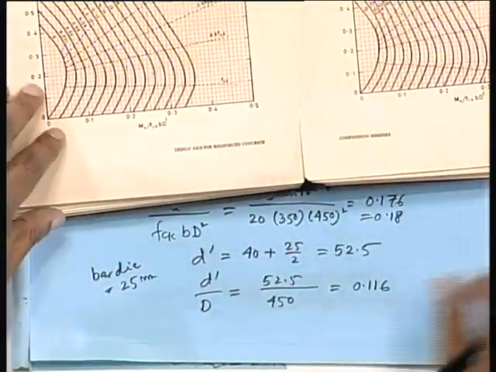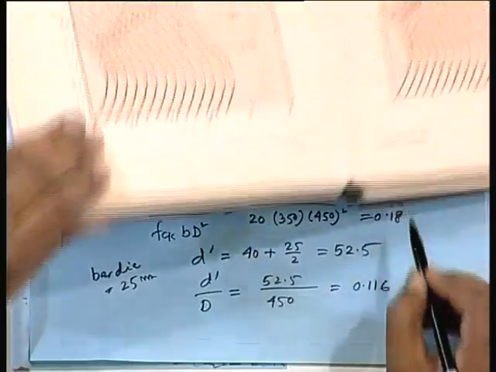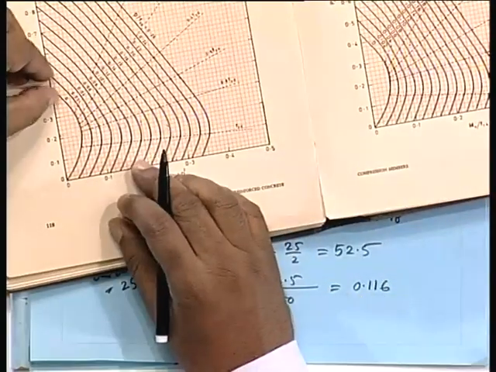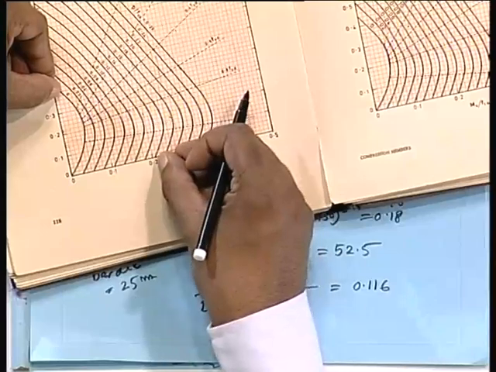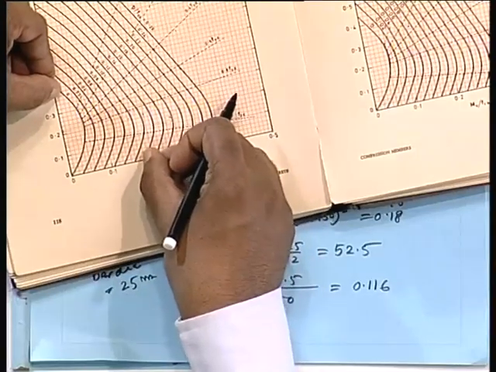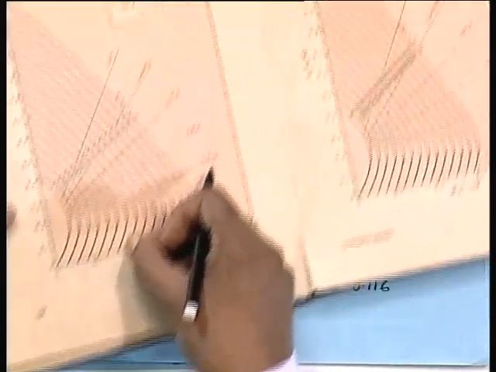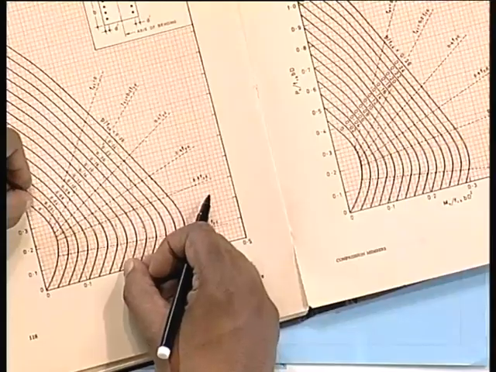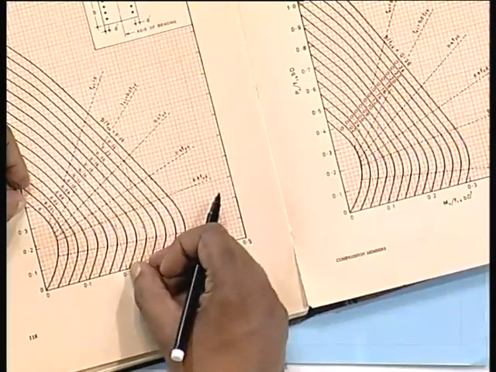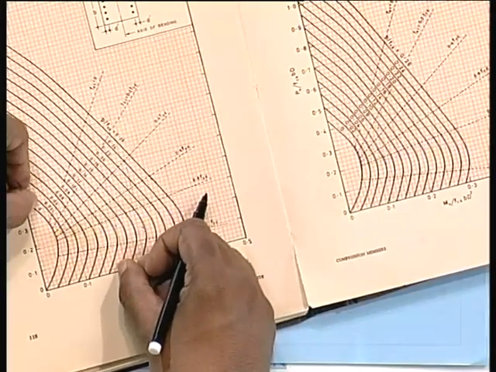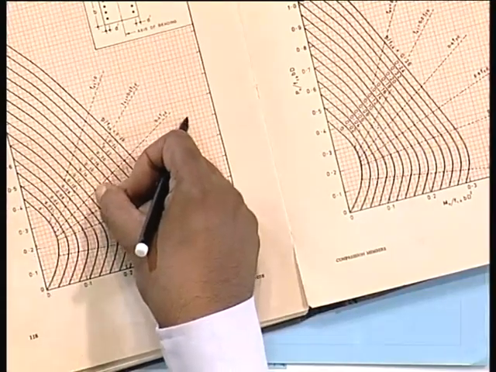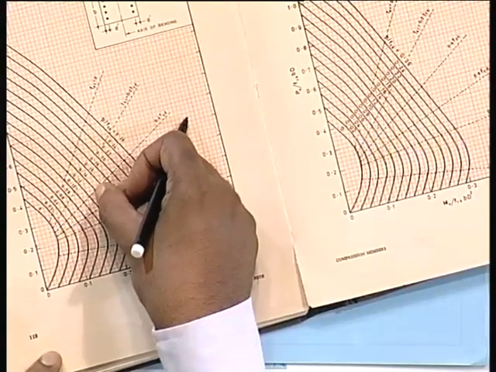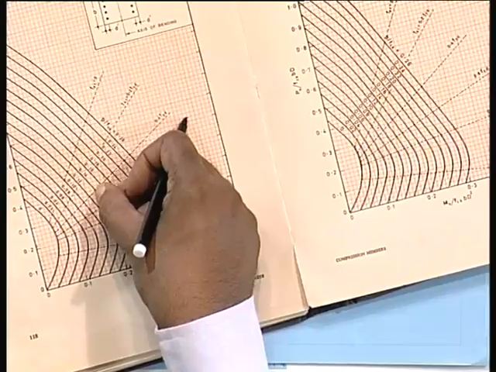So what is coming here, 0.15, your 0.38 and 0.18, which comes as, approximately I can say, 0.135.